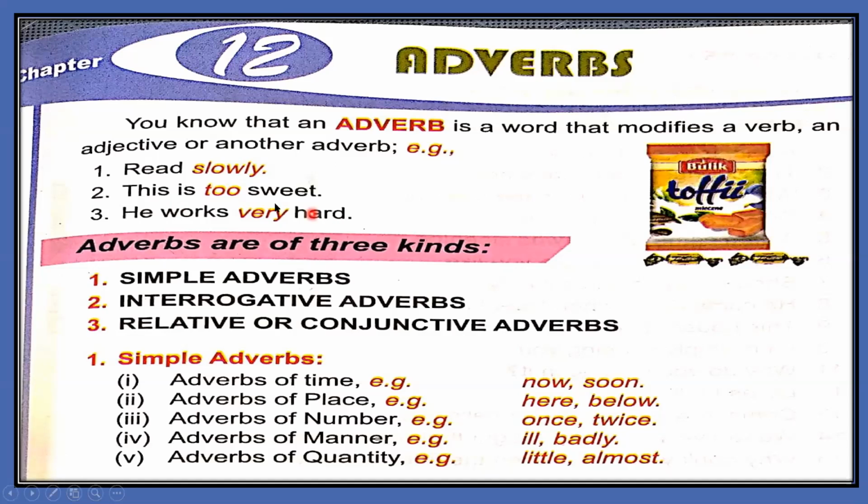In these three sentences, you got the meaning from the definition: an adverb is a word that modifies a verb, as in sentence number one, an adjective, as in sentence number two, or another adverb, as in sentence number three. So slowly, too, and very, all three are the adverbs in red color, but they are modifying a verb, an adjective, and an adverb.